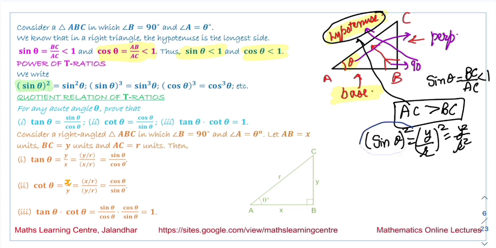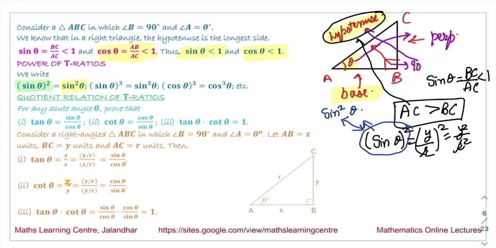This term, sine theta square, is also written as sine square theta. Both these notations are the same. This doesn't mean it is sine of theta square only.